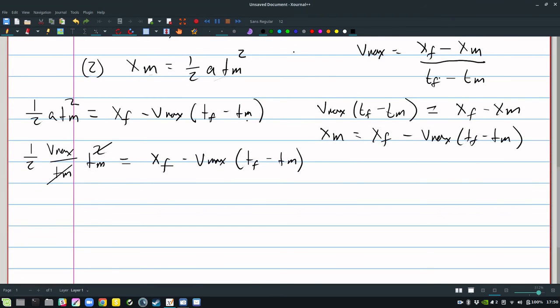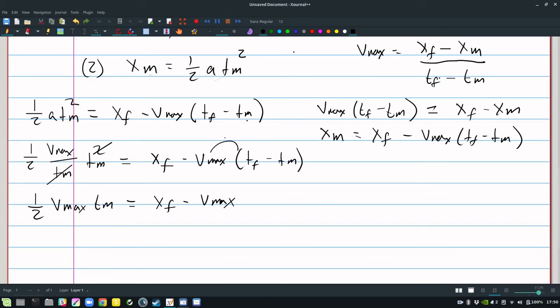Cancel, cancel. So instead of tm squared, it's now just 1 power of tm in the numerator, because it was tm squared divided by tm. So it's like saying x squared divided by x is just x. So we have 1/2 v max t middle, and that's equal to xf minus v max.